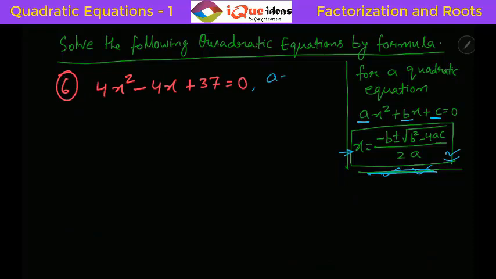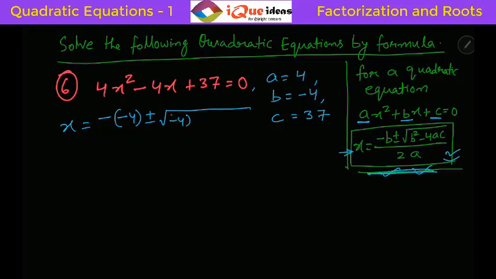Now in this one, a is equal to 4, b is equal to minus 4 and c is equal to 37, right? So straight away apply the formula. X is equal to minus b, so minus of minus 4 plus minus root of b square, that is minus 4 square minus 4ac, so it is 4 into a is also 4 and c is 37, divide by 2a, so a is 4, 2 into 4.